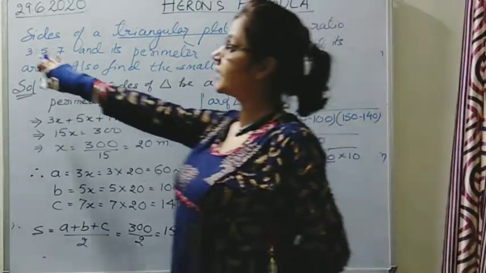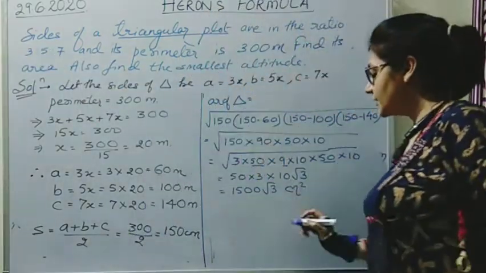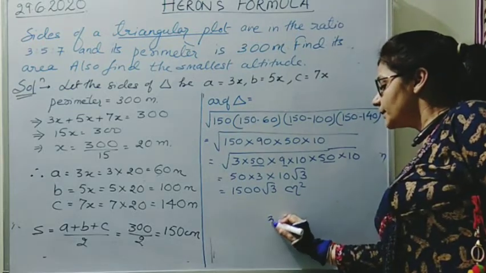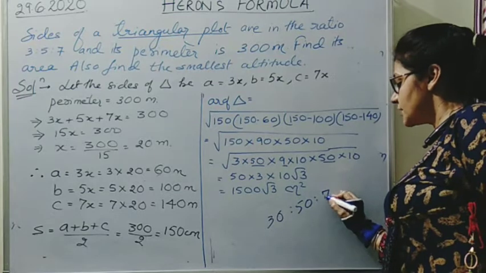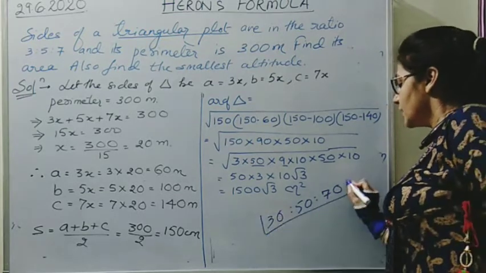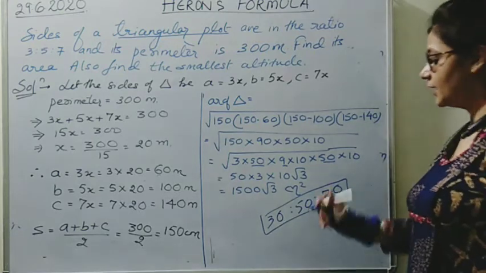Because the ratio is given, we can take that the sides can be 30, 50, 70. It is actually 3:5:7.